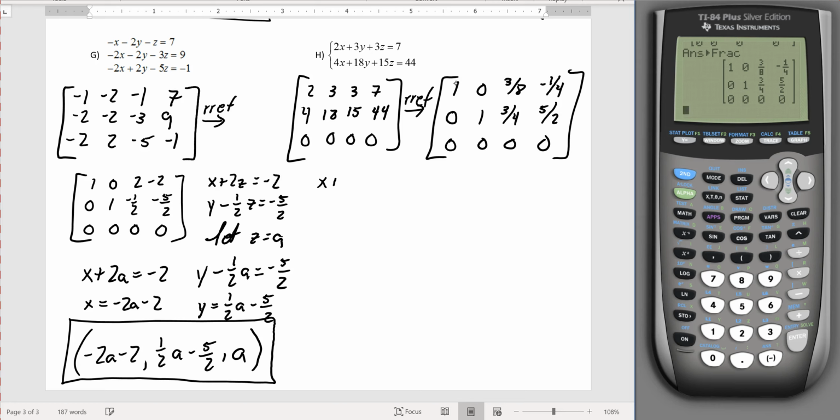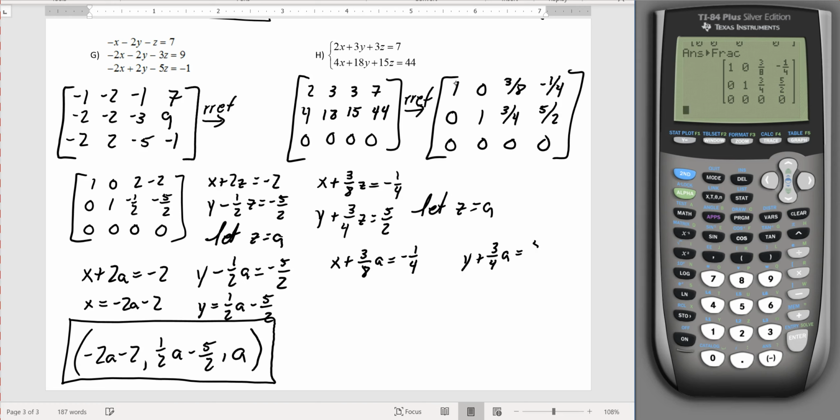We have x plus 3/8 of z equals negative 1/4. y plus 3/4 of z equals 5/2. And then we say let z equal a. So when I do that, I get x plus 3/8 of a is negative 1/4, y plus 3/4 of a is 5/2.